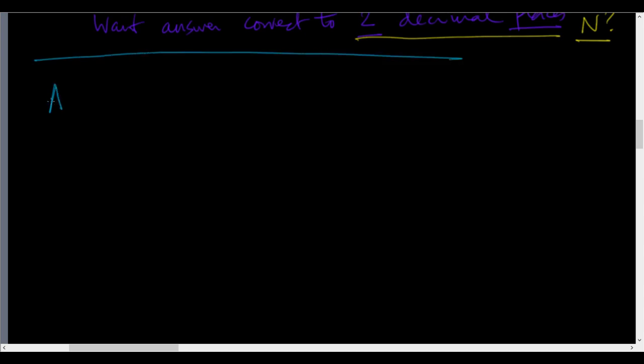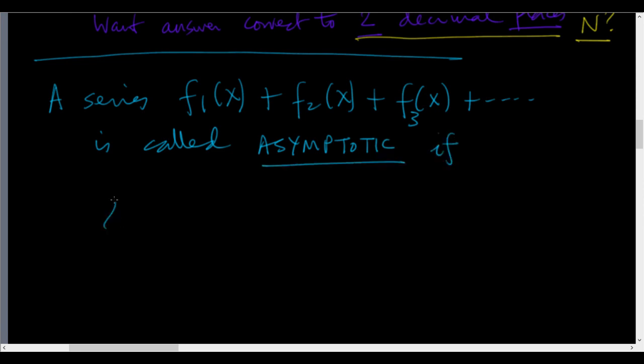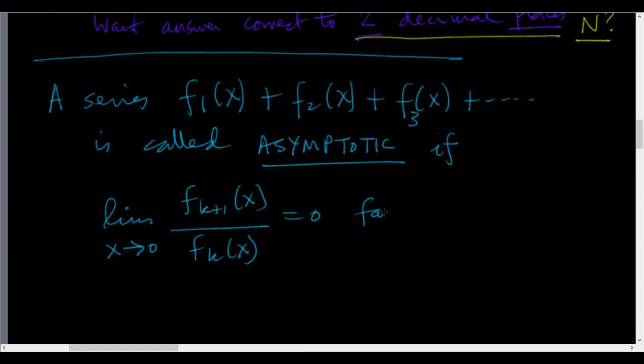A series f1 of x plus f2 of x plus f3 of x plus dot dot dot is called asymptotic if the limit as x goes to 0 of f(k+1) by f(k) is equal to 0 for all k greater than or equal to 1.